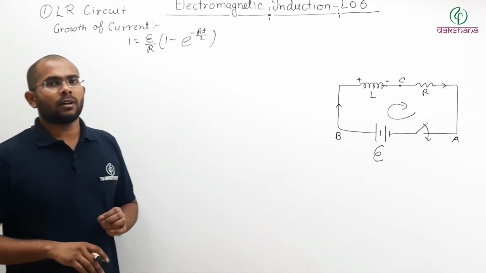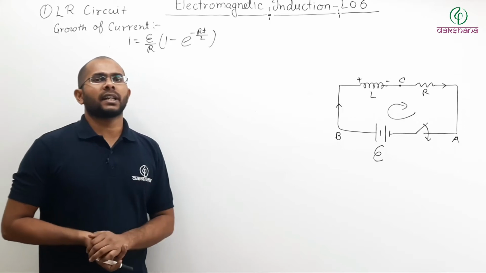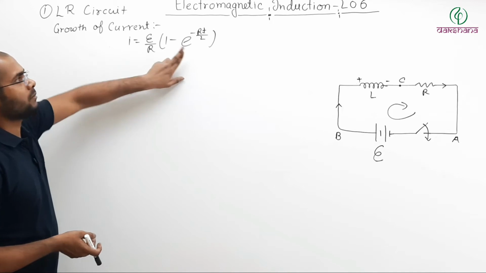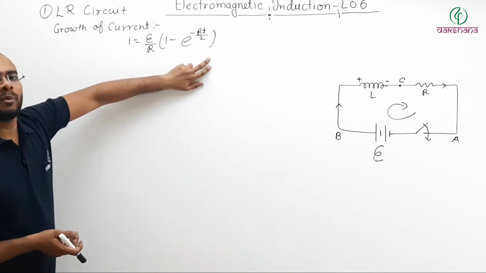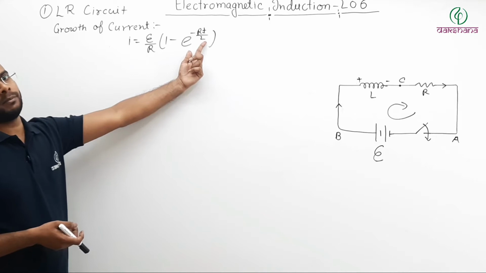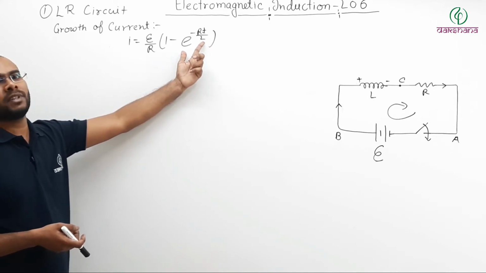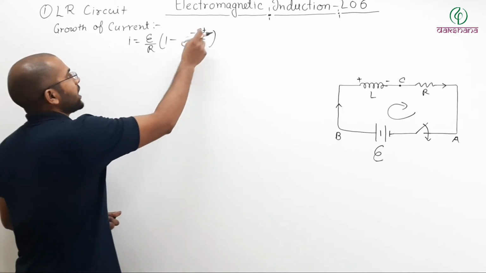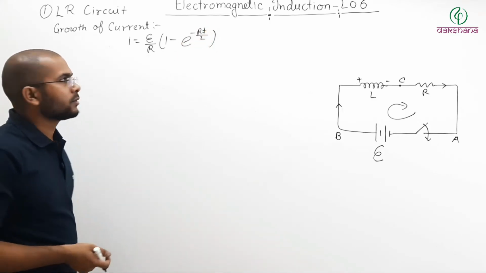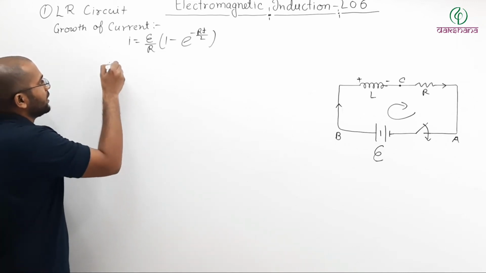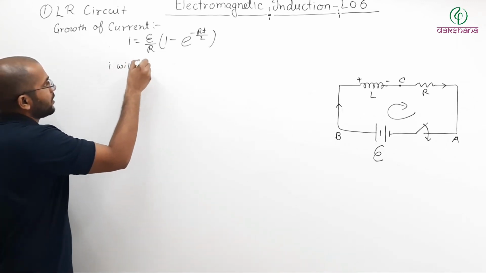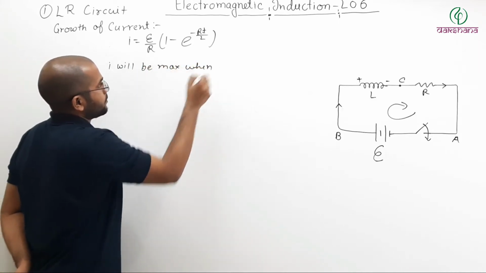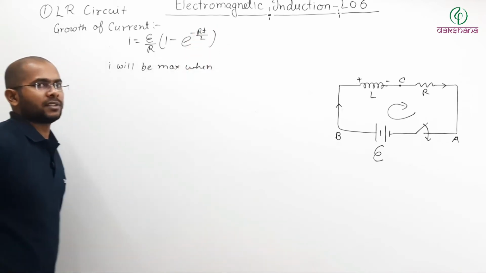So in this formula, what can be the maximum current? Now here, I is equal to EMF divided by R times 1 minus e to the power minus Rt by L. So current can be maximum when this value may be minimum. And what can be the minimum value of this? 0. So current is maximum when e to the power minus Rt by L is 0.